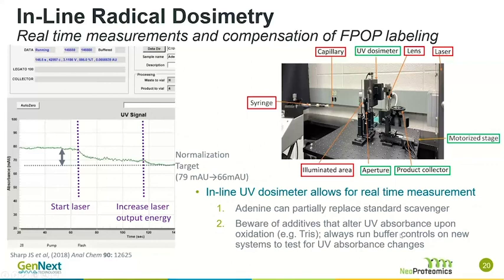But it means that if you're going to use UV absorbance, while it's super convenient and very powerful, you always need to run buffer controls on new systems to make sure you test for UV absorbance changes before you rely on that data. Okay? But as long as you do that, inline UV dosimetry lets you do this in real time, and it works incredibly well.